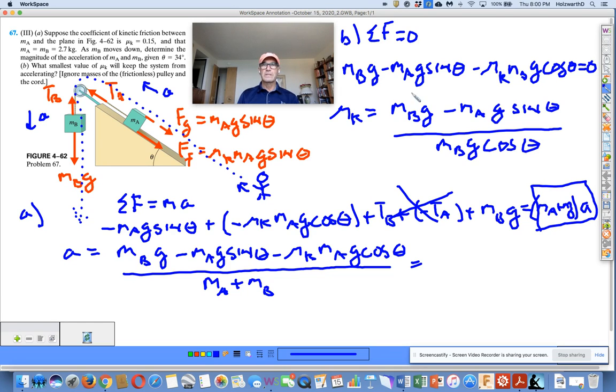So that's simply taking the numerator, setting it equal to 0, and solving for mu sub k. So there's our algebraic, or symbolic, expression for the minimum, smallest value of mu sub k, such that the system will not accelerate. It'll simply move at a constant speed.